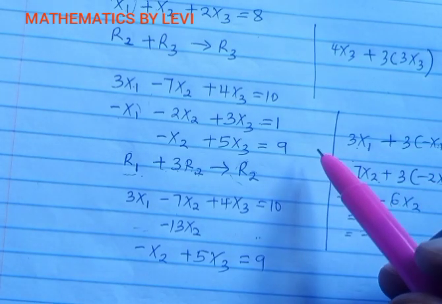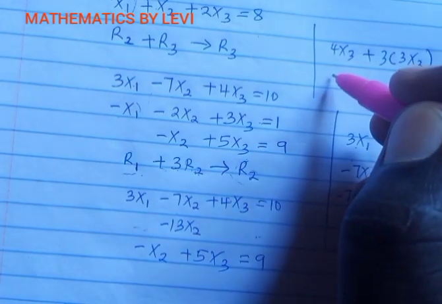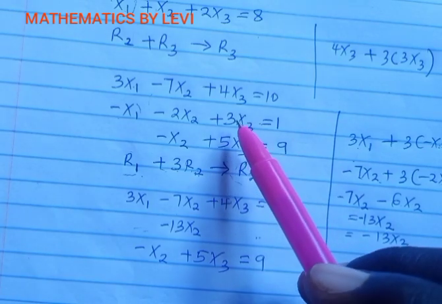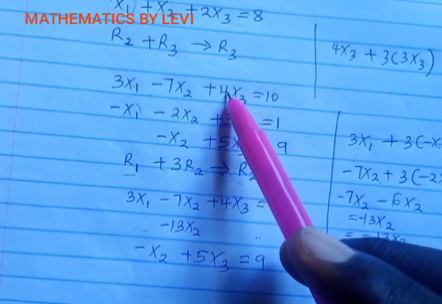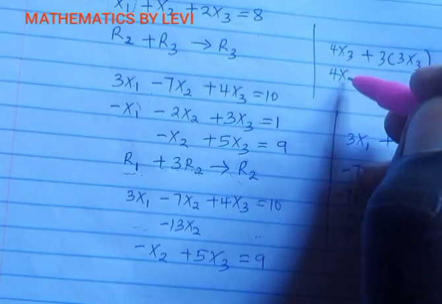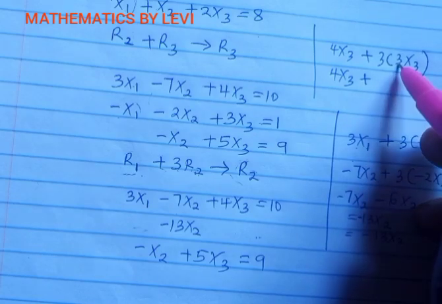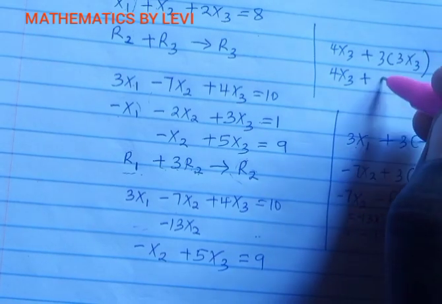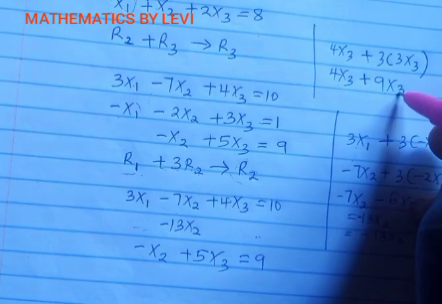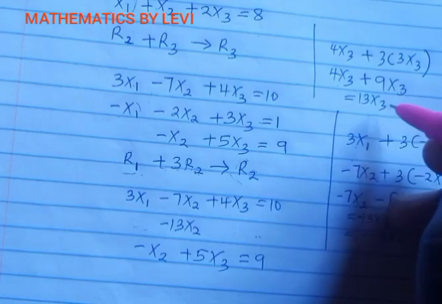So that means we shall have 4x3 plus 3 times 3x3, it will be 9x3, and 4x3 plus 9x3, that means we shall obtain 13x3.